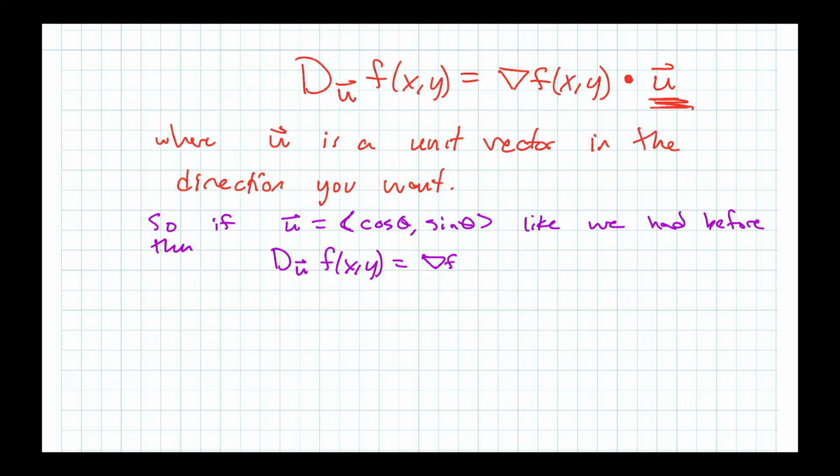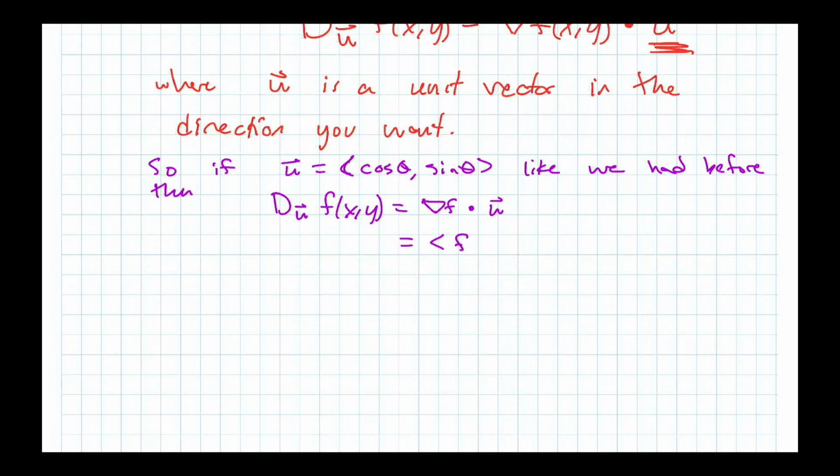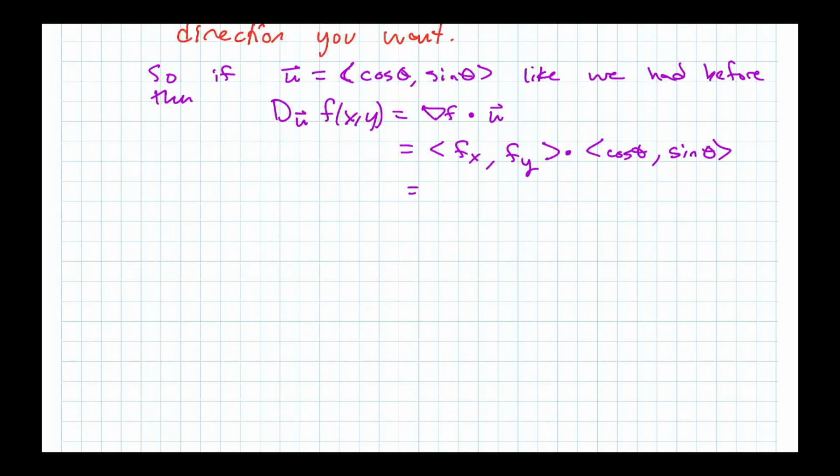I'm leaving off the xy right now. Dot u, and grad f we know is the vector f subscript x, f subscript y, dot cosine theta, sine theta, and if you do that dot product right, then you get f subscript x. I'll put the xy in now. Cos theta plus f subscript y of x comma y sine theta, which is of course the same formula that we already had, right?